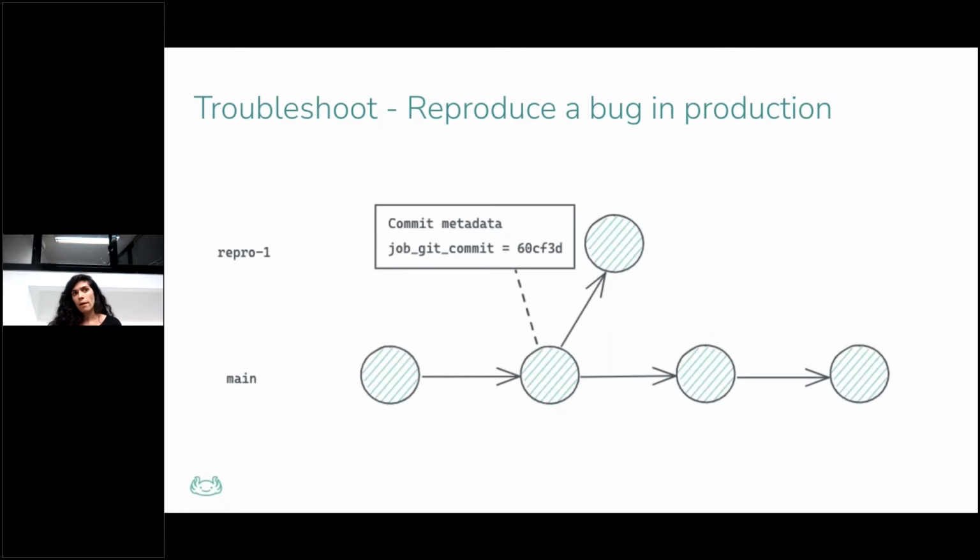So for example, imagine that you upgraded your Spark version and you merged and deployed the new data into the lake: the code change that upgrades the Spark version and the data that resulted from this change.